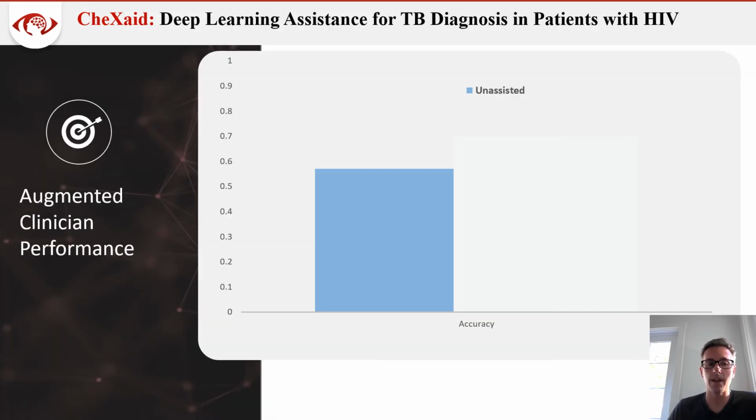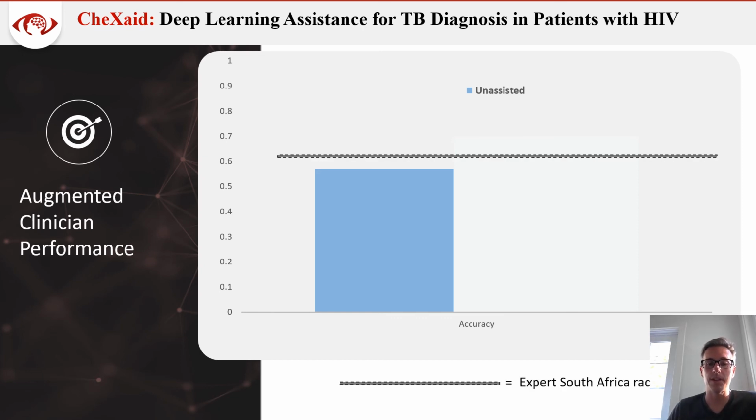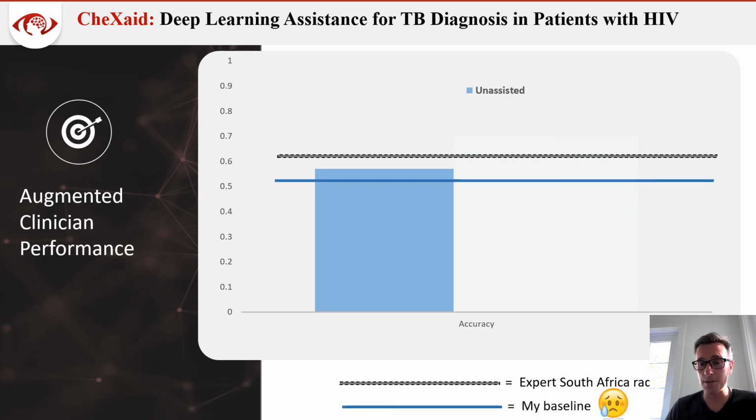So just some quick headline views of this. We found that the clinician performance without assistance was relatively low, below that of a South African radiologist, but this is a very hard task, and I actually took the test myself and found that it was incredibly hard. We don't treat tuberculosis at all in my practice, so it was a new diagnosis for me and very difficult.